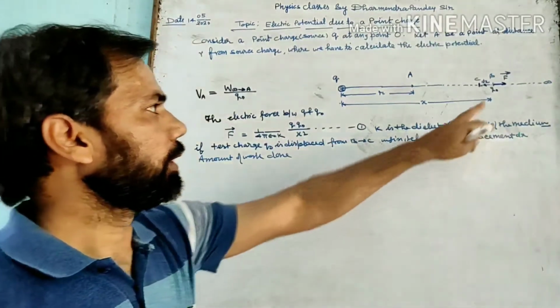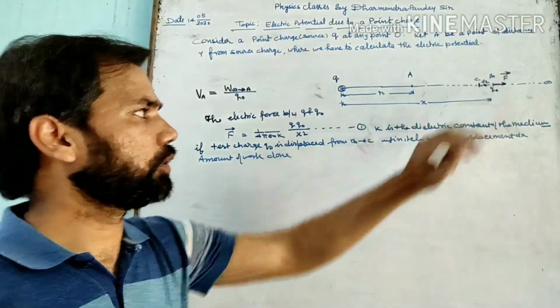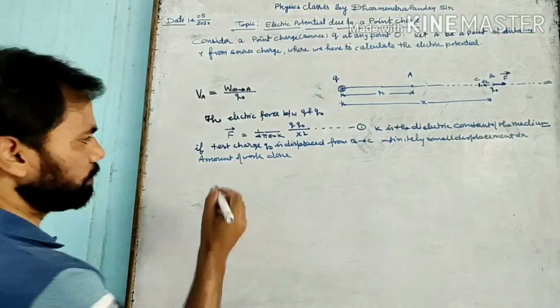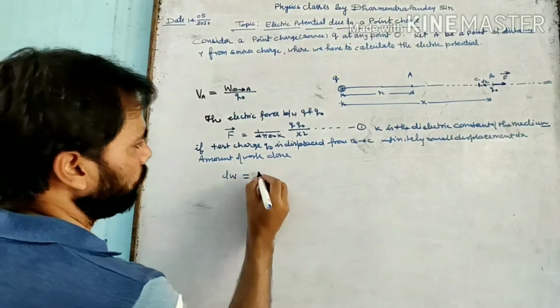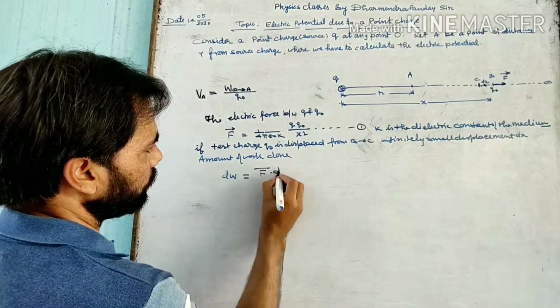Since the displacement is very small, the work done will also be small. This dW can be written as equal to F dot dx.